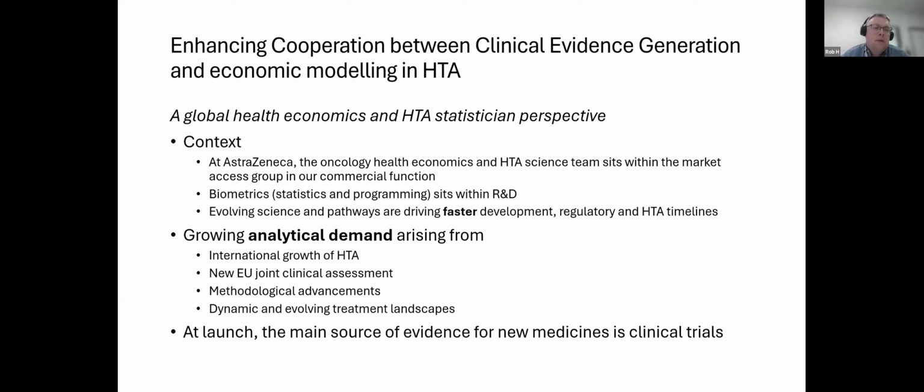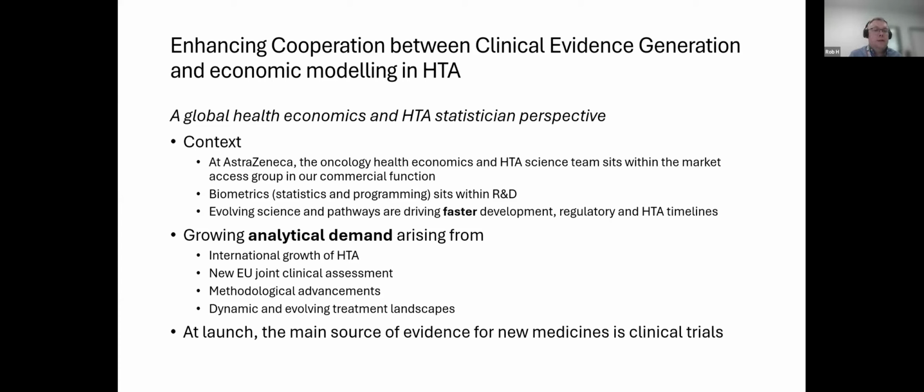Within AstraZeneca, similar to other companies, the teams that work on HTA and modelling science type work, so cost effectiveness modelling, indirect treatment comparison, and so on, sit across different parts of the organisation, which obviously has implications for how we work together. So at AstraZeneca, myself and my health economics colleagues sit within our market access group and our commercial function.